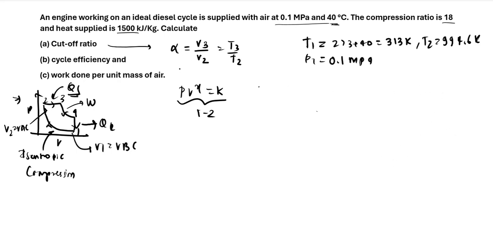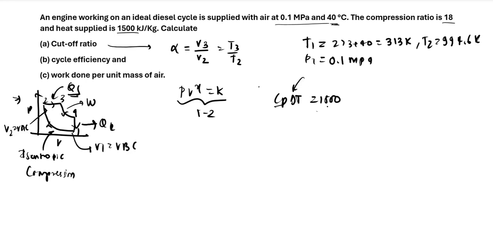We have a constant pressure heat addition between process 2 to 3, and the question gives 1500 kilojoule per kg of heat supplied, which can be written as Cp into delta T per unit kg of the air. So Cp delta T should be 1500, because this is the heat supplied at constant pressure.